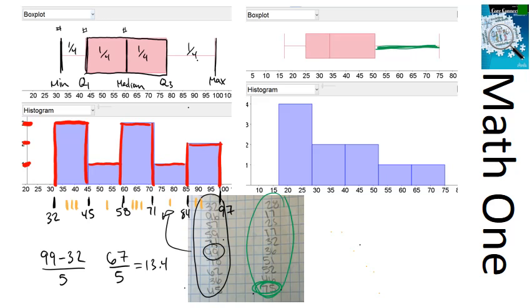This is the median, the middle of our data set. This is quartile 3, the middle of the upper half of the data, and this is the maximum. The maximum looks very close to 100, and I believe it's actually this point right here, the 99.